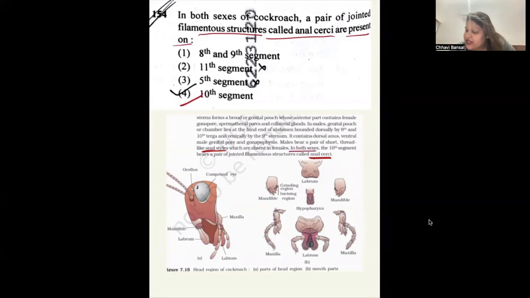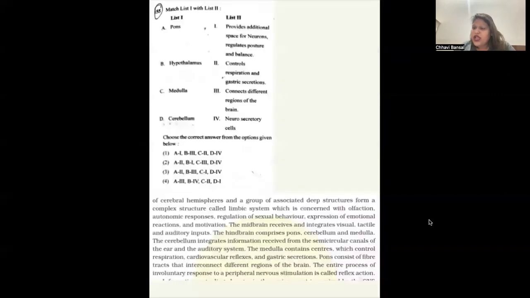In both sexes, the 10th segment bears a pair of jointed filamentous structure called as anal cerci. So basically, the 10th segment of the cockroach will contain anal cerci both in male and female. So our correct answer is option number 4. This is also the exact line taken from the NCERT. Clear? Next question.